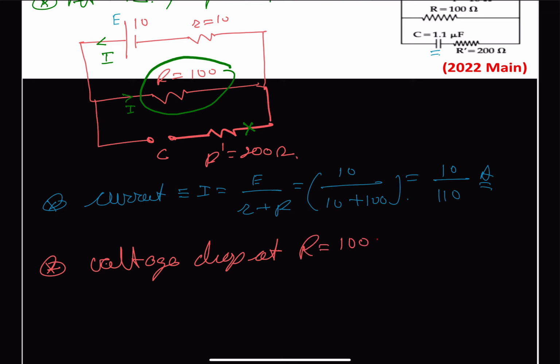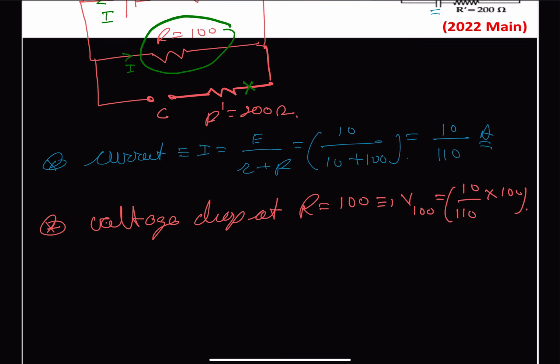So let us call this V100, which will be equal to 10 multiplied by 100, and this gives us that V100 of the 100 ohm resistor will be equal to, this 10 and 10 goes away, this comes as 100 divided by 11 volts.